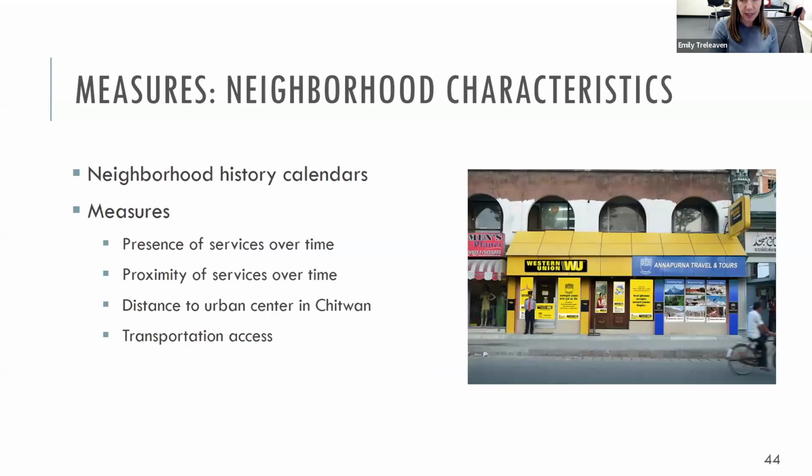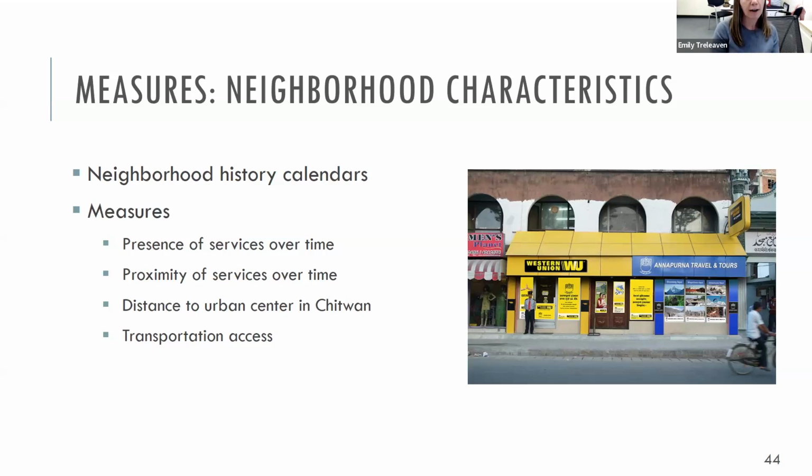Using the neighborhood history calendars, it's also possible to generate measures related to migration-related services in the CVFS neighborhoods over time. So this might be the presence of services in a given year, or how that changed over time, the proximity of services to that neighborhood.